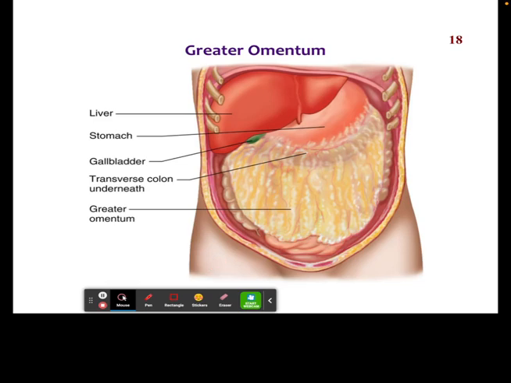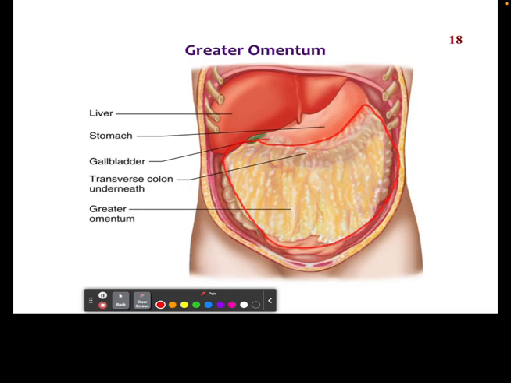The last slide to discuss here is the greater omentum. The greater omentum is kind of like a blanket inside your abdomen that covers most of the digestive system, so your intestines and your accessory organs.